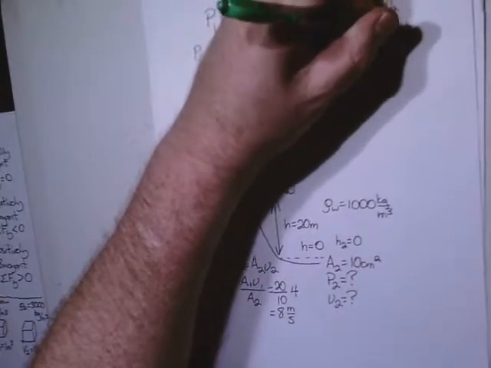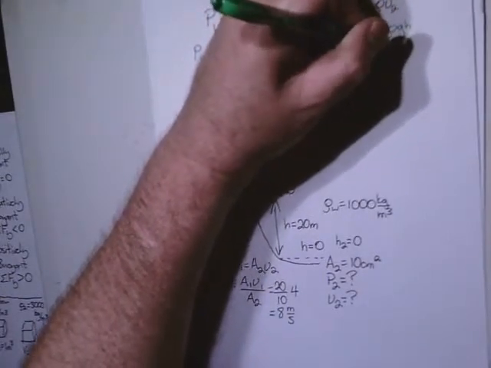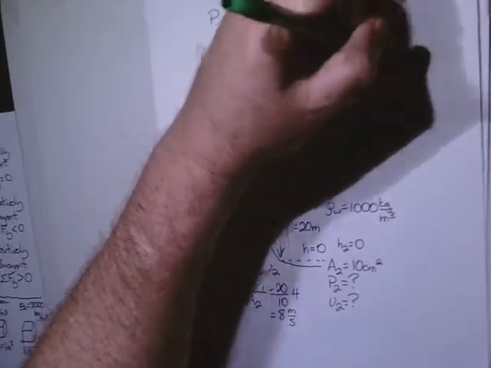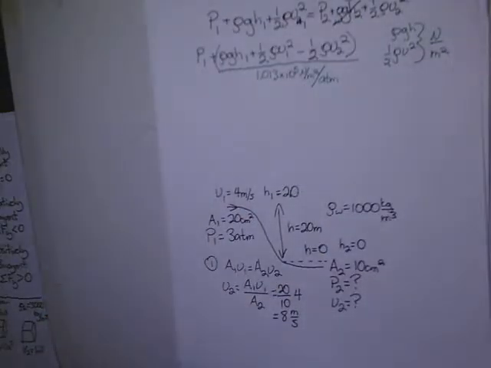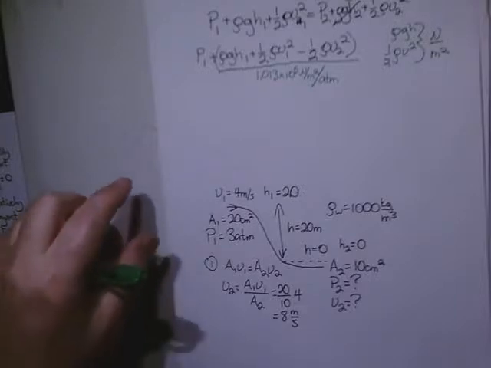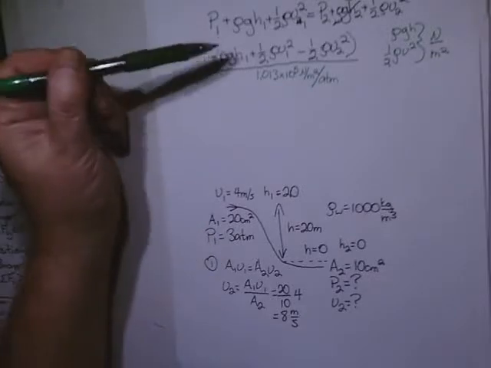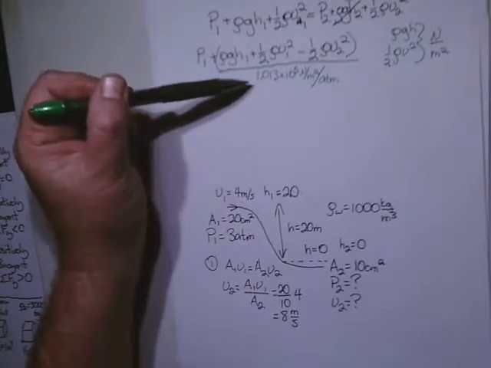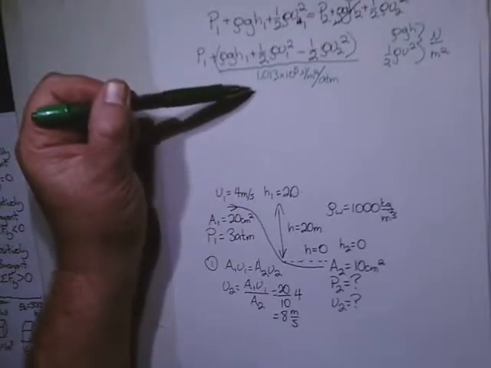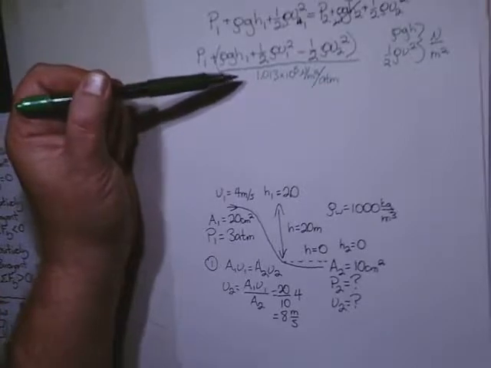Rho gh and rho v squared both kick out newtons per meter squared. Their natural units are newtons per meter squared, but I asked for the units in atmospheres, which means that this term and that term must be divided by that number for atmospheres to get kicked out.